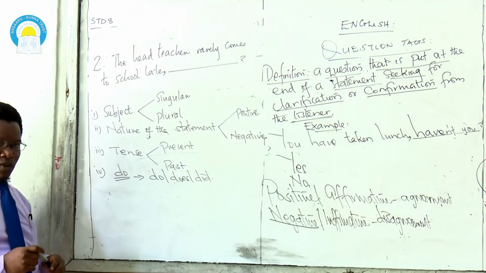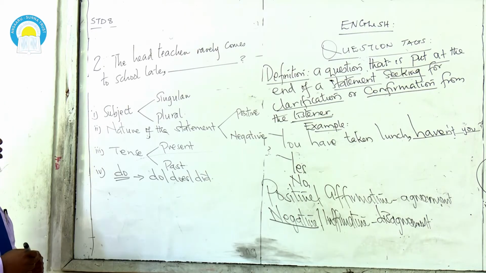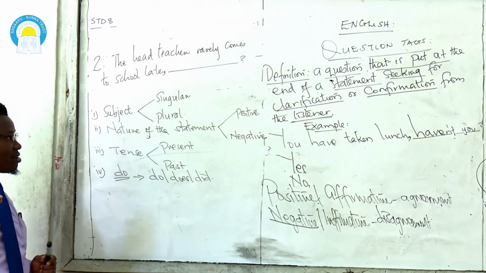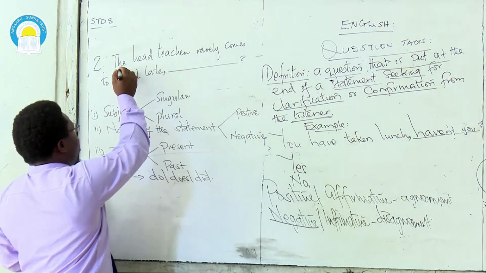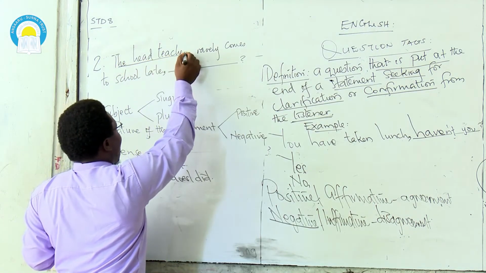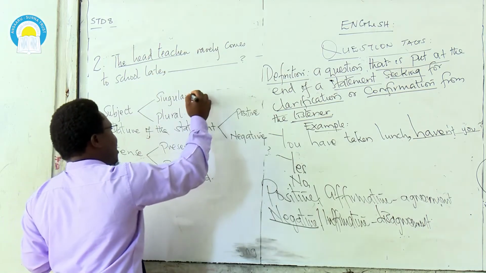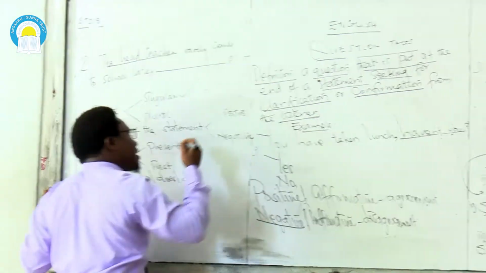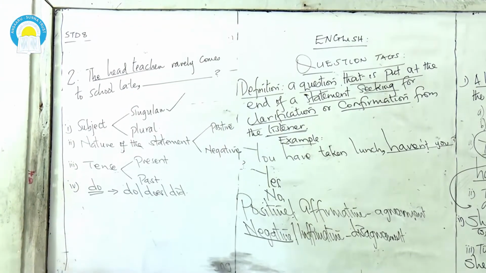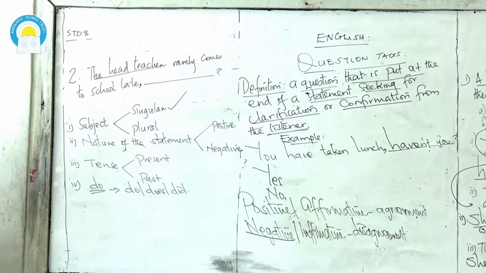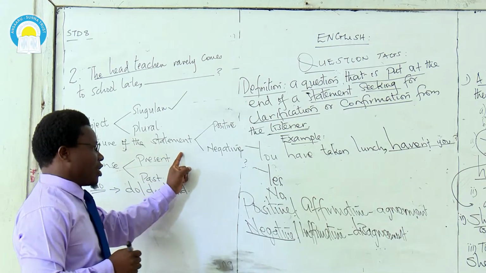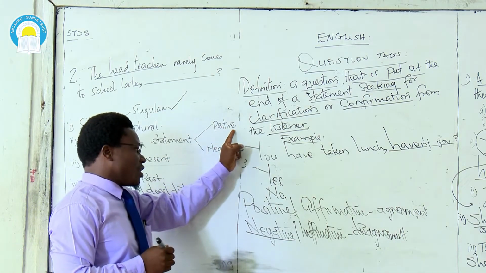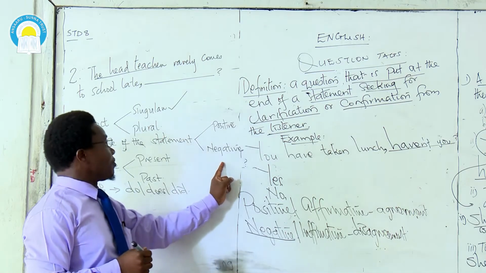What is the subject? In our statement, the head teacher rarely comes to school late, our subject is singular, in this case the head teacher. So put a tick on singular if you are watching me. 2, the nature of the statement. Is it positive or negative?